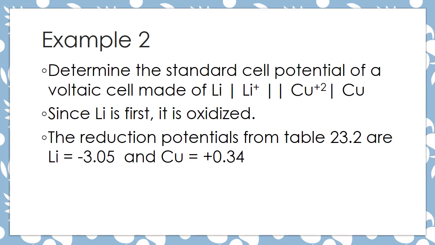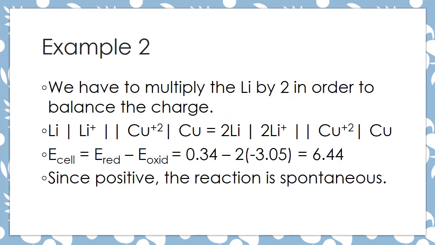The reduction potentials from table 23.2 are, for lithium, negative 3.05, and for copper, positive 0.34. Since copper is where the reduction is occurring, we take the copper number minus the lithium number. So the electrical potential of the cell is equal to the reduction potential of the reduced side minus the reduction potential of the oxidized side.